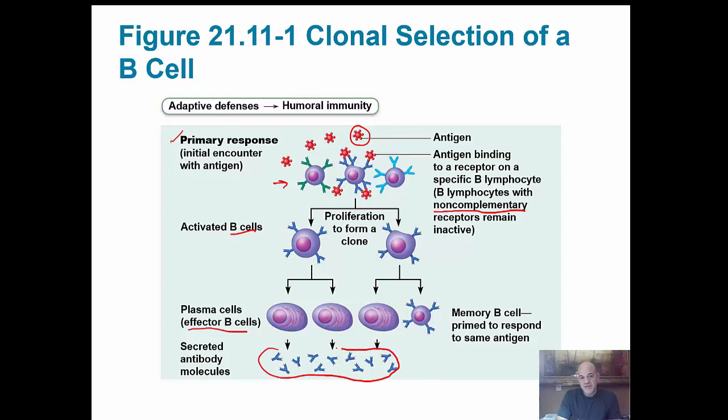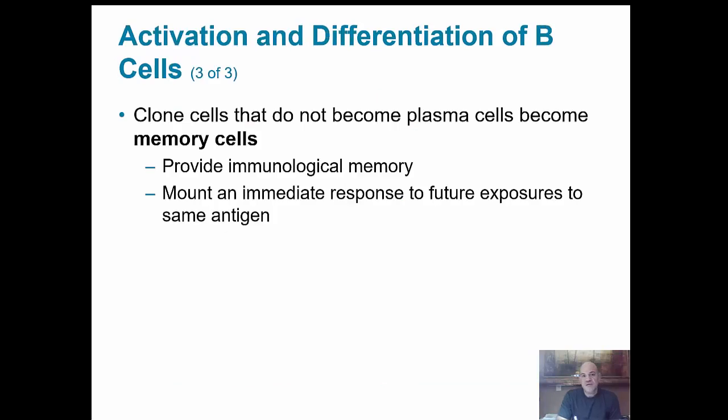Some of them are going to produce memory cells, which will be ready in case the body's exposed to this particular antigen again later on. Those would be the memory cells there.